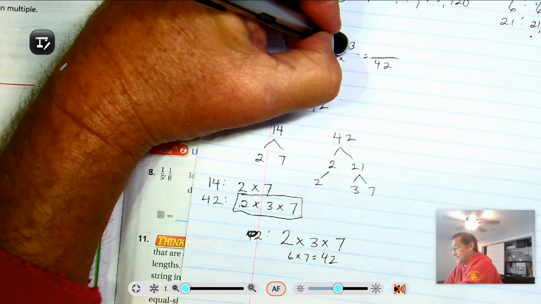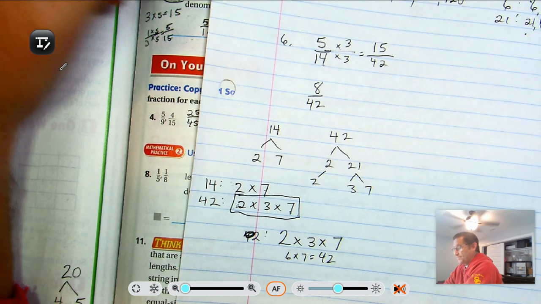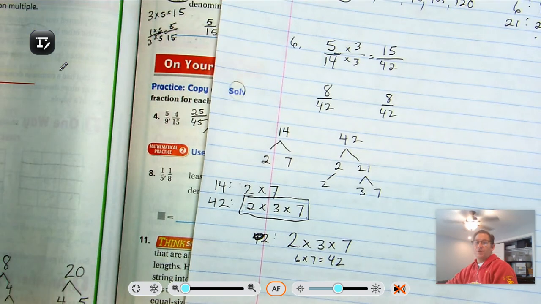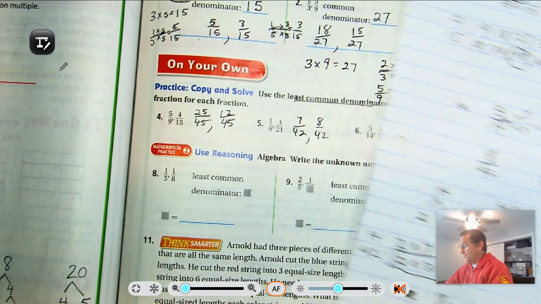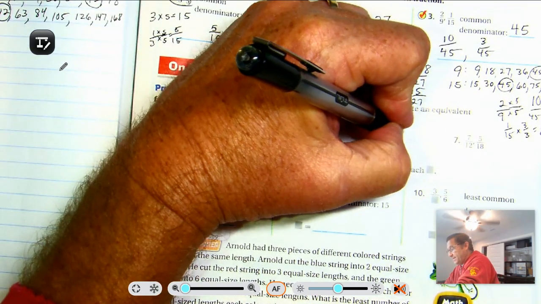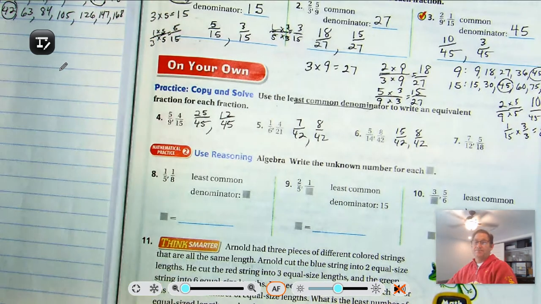All right, so 14 times what is 42? 3. 3 times 14. And 5 times 3 is 15. And 8/42nds is already 42nds. So I'm going to rewrite this as 15/42nds and keep 8/42nds.